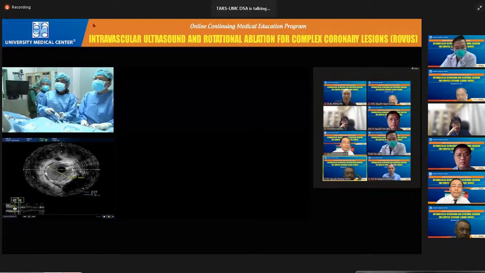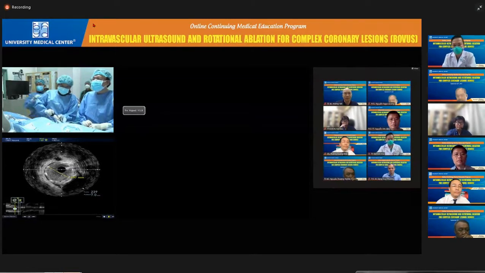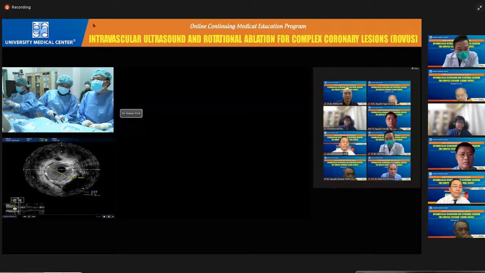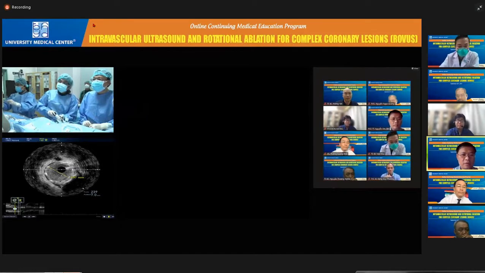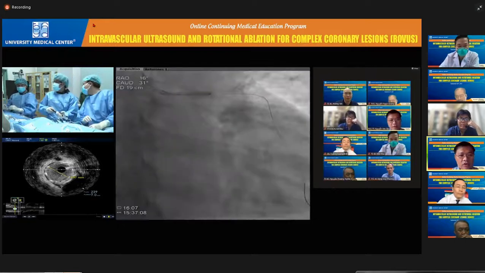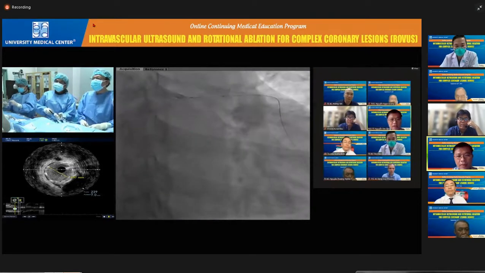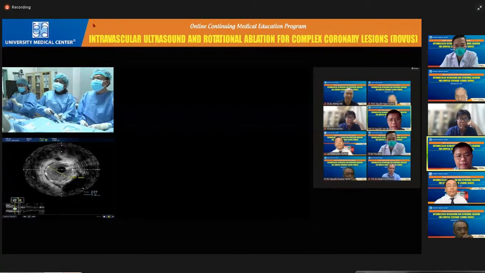This is the Trio balloon from Boston. We go up to 20, please. 18, 20. We cannot see the picture from Dr. Wu. We cannot see the picture. Okay. Again, 20.